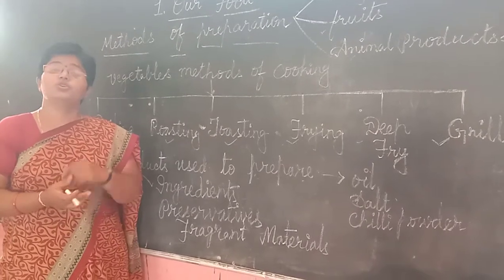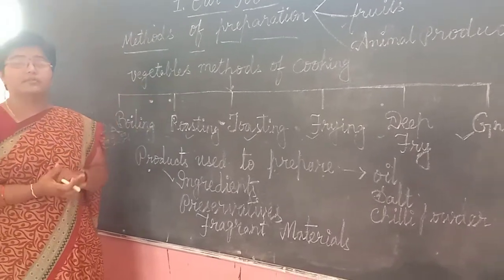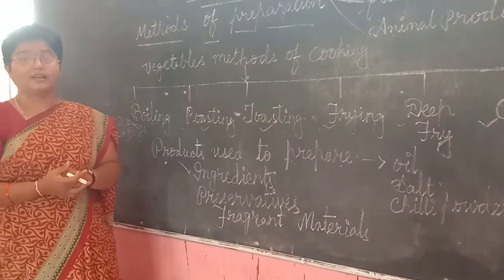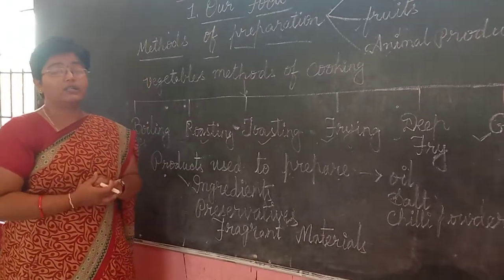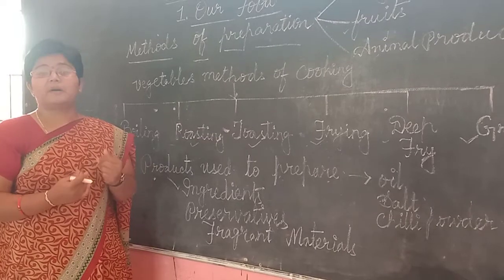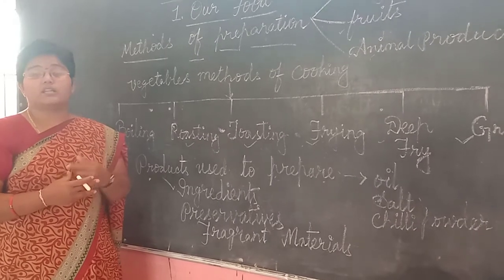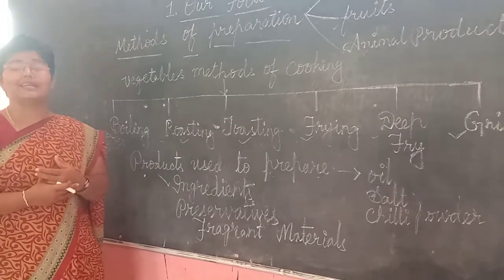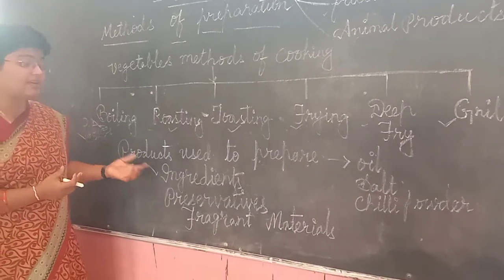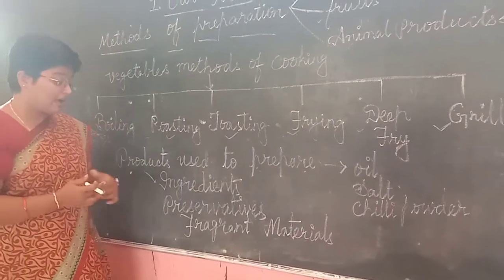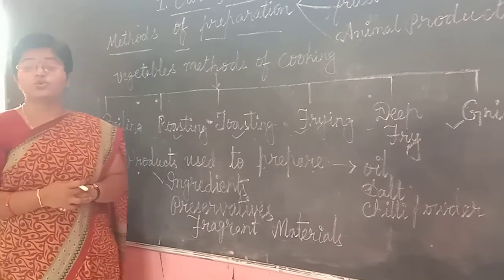Yes, children, you can see different kinds of tables on the back of the pack, printed with manufacturing date, expiry date, how to consume it, in how many months it expires, what ingredients were used to prepare it and what preservatives were used.